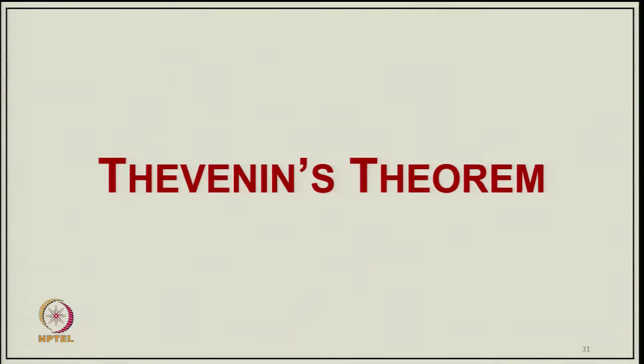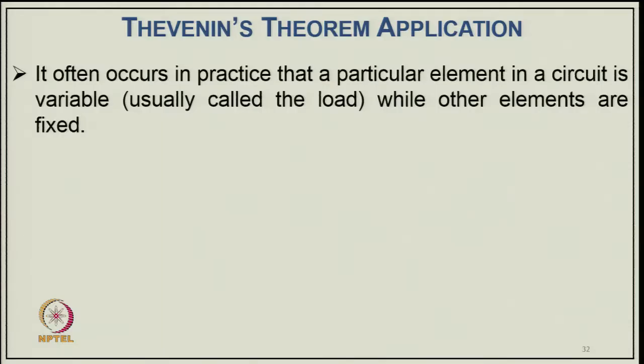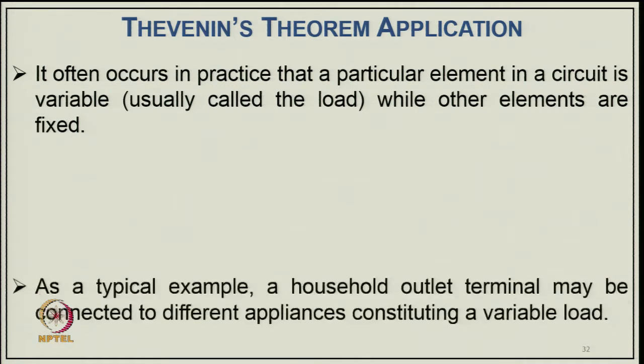Now, we come to the second theorem of today's explanation, the Thevenin theorem. Thevenin invented this theorem, so it has been put under the name of the person. Its application is that it often occurs in practice that a particular element in a circuit is variable, usually called the load, while other elements are fixed.